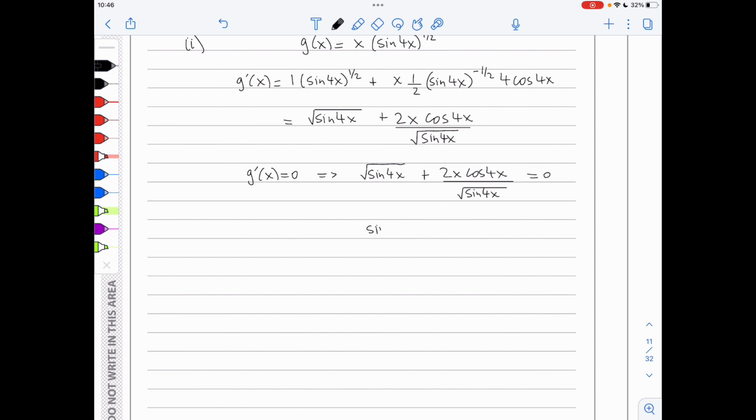This leads to sine 4x plus 2x cos 4x is 0. The only way for tan to appear is for me to divide throughout by cos of 4x, which takes me to tan of 4x plus 2x is 0, which matches the form of the answer I was asked to give, so k is 2.